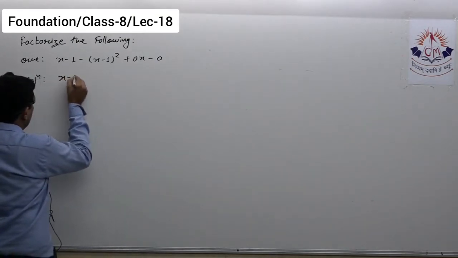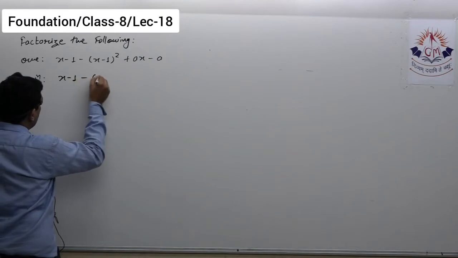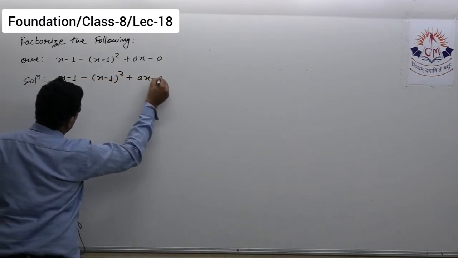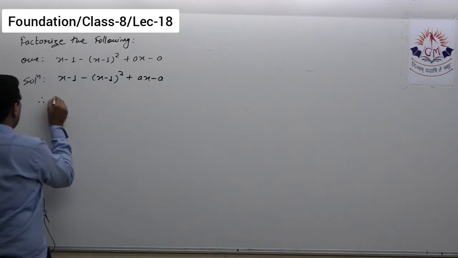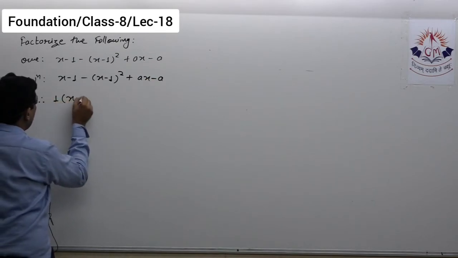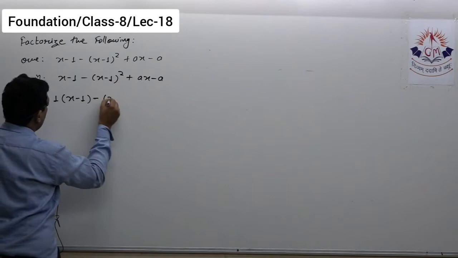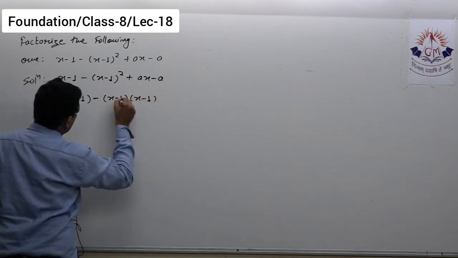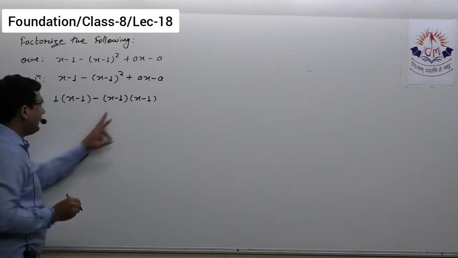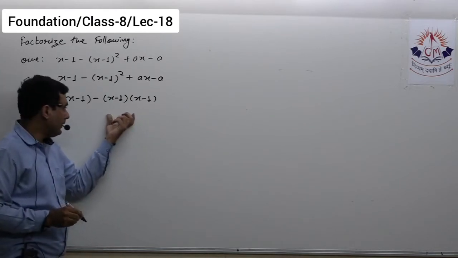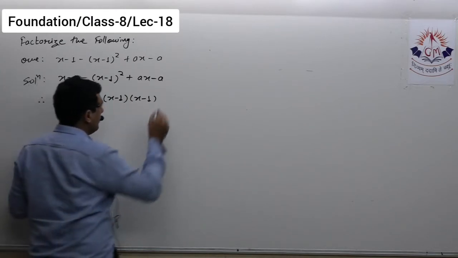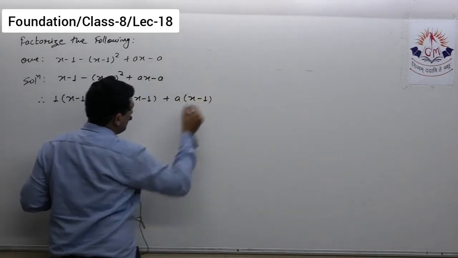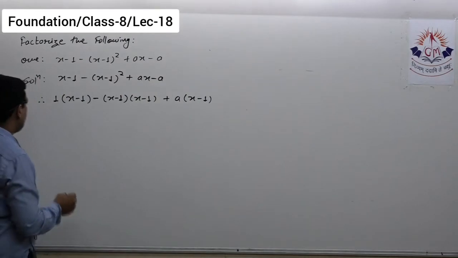So here x minus 1, minus (x minus 1) whole square, plus a(x minus 1). I took 1 common from the first term, and although this is not required, for your convenience I am writing x minus 1 two times so that you can take x minus 1 directly common. Over here I can take a common, so x minus 1.